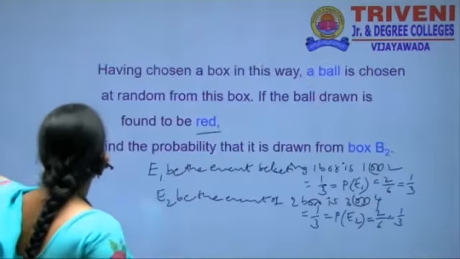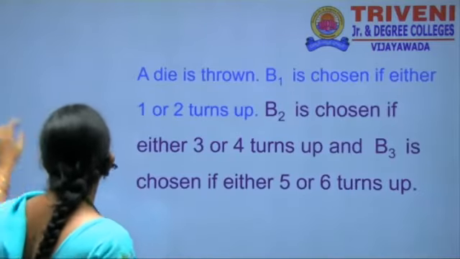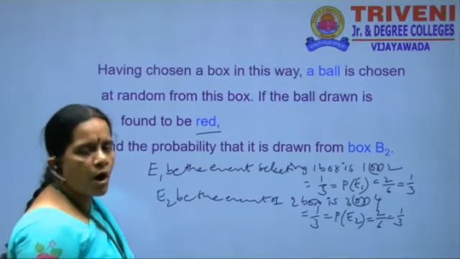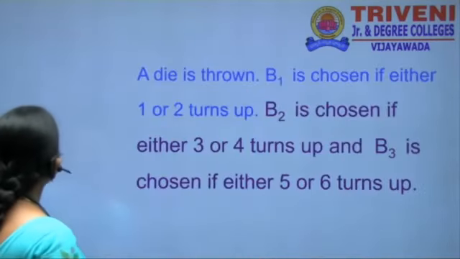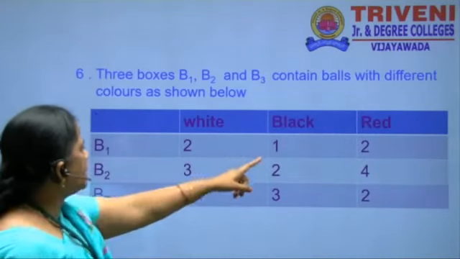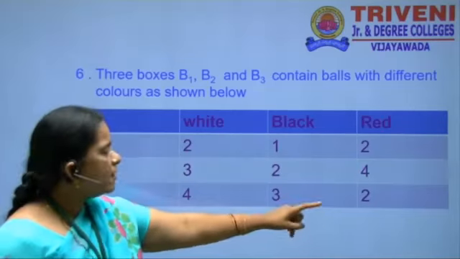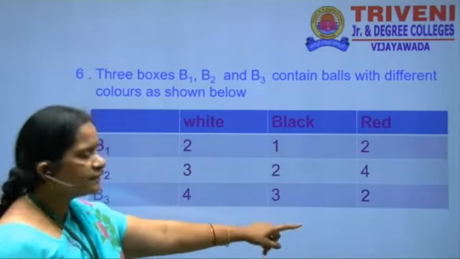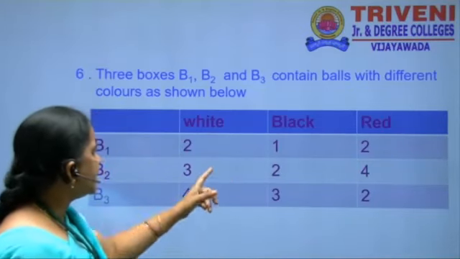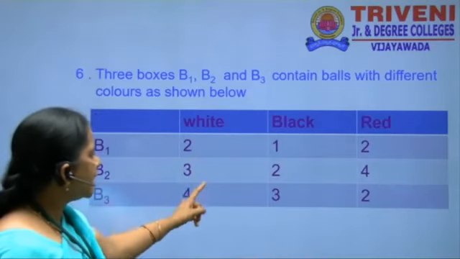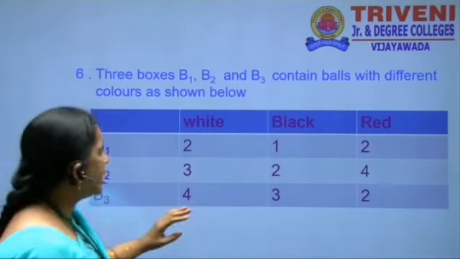Here also selecting the ball is red. In the boxes, how many red balls? The first bag has 2 red balls, the second bag has 4 red balls, the third bag has 2 red balls. Total in the first one is 5, second one 9, third one also 9.